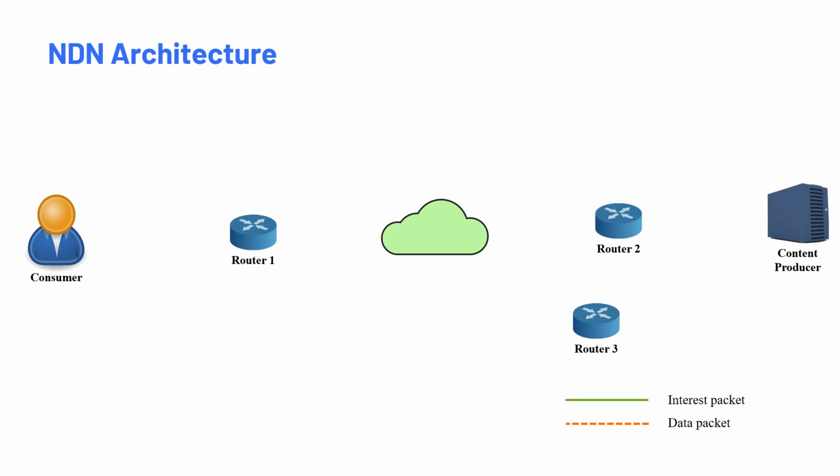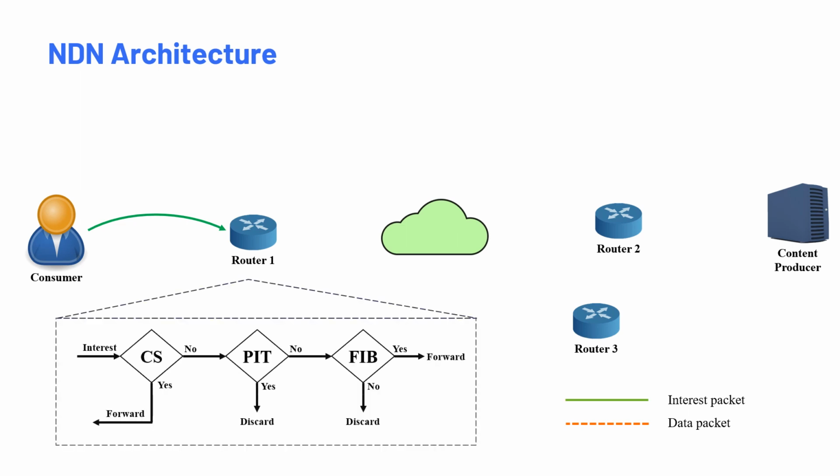As we can see here, this is the NDN architecture, which consists of the consumer, router 1, router 2, router 3, and the content producer. When the consumer sends the interest packet and it reaches router 1, the router will check the content store to see if the data is already stored there. If yes, it will forward the data packet back to the consumer.